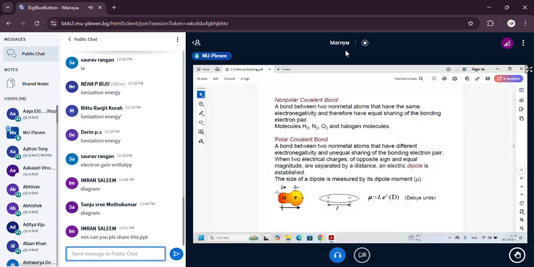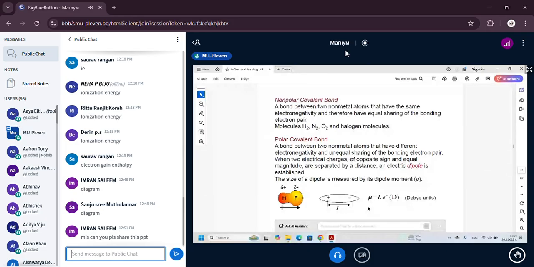Concrete example, molecule of hydrogen fluoride. The electronegativity of fluorine is larger than the electronegativity of hydrogen. Two poles are formed in this molecule, partial negative charge, and at the other end, partial positive charge. And this is a dipole molecule possessing dipole moment.